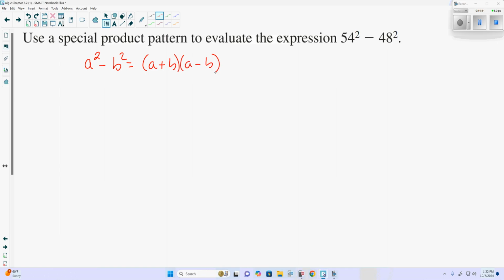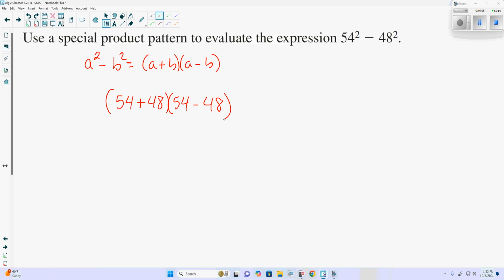Here, they already gave us a and b. A is 54, b is 48. So we could say 54 squared minus 48 squared is the same as 54 plus 48 times 54 minus 48.